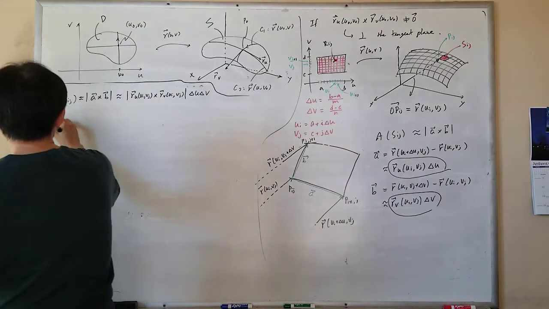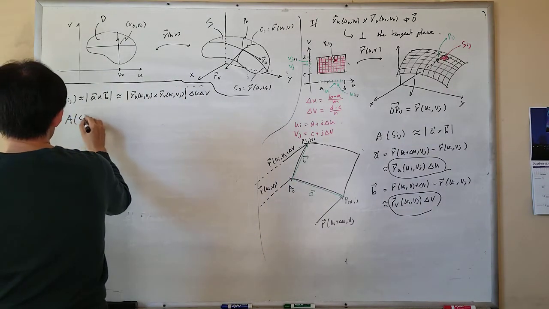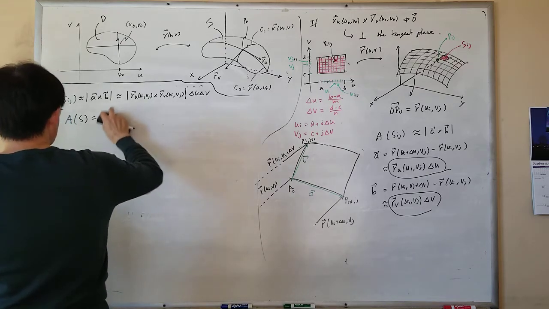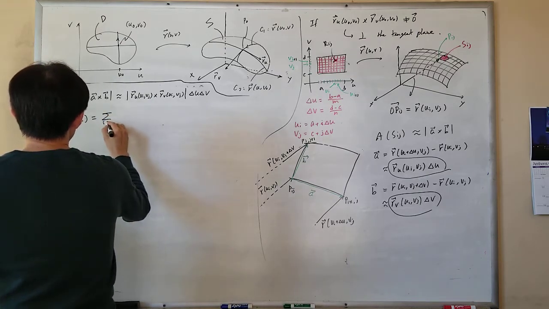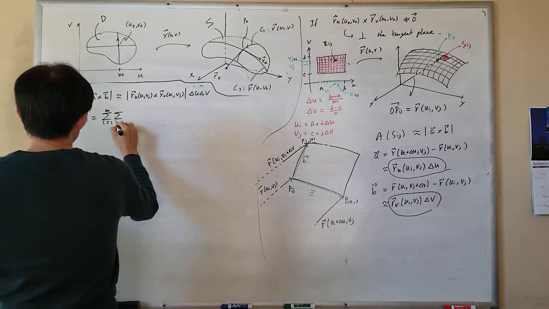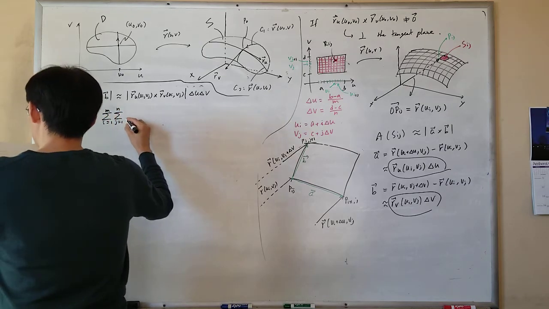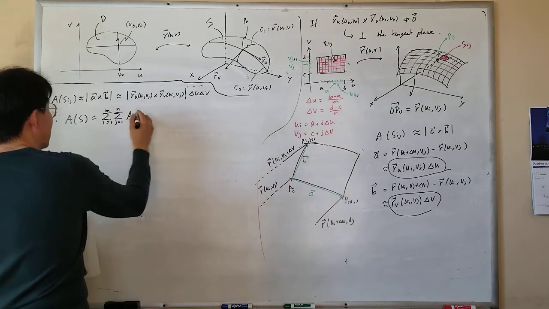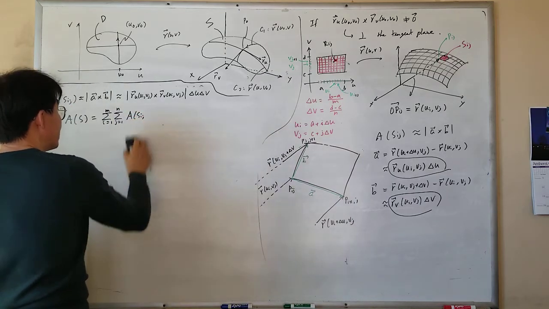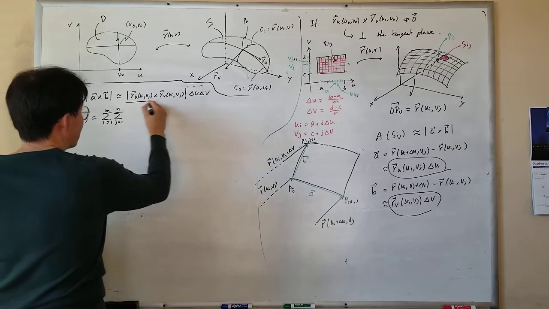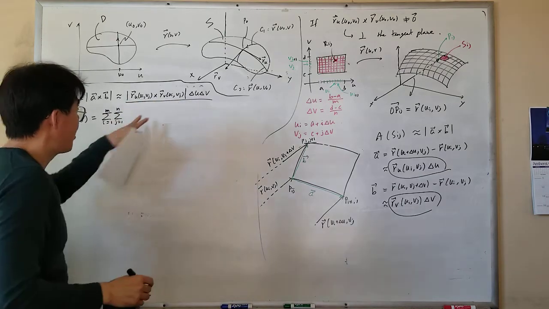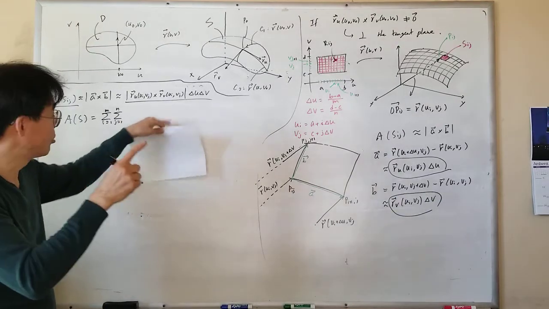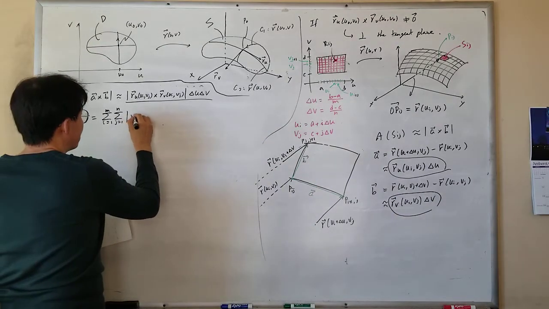So the total area of the entire surface should be a double summation of the area of Sij, which means the sum of this approximate value of the area of the ij patch. So you have to put this.